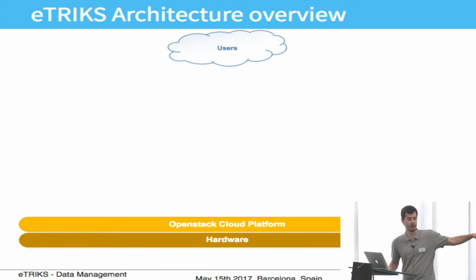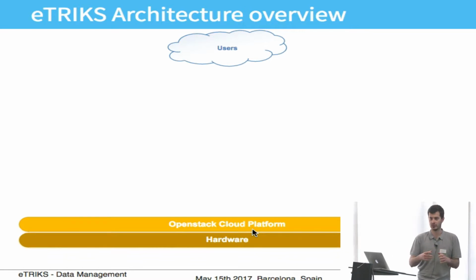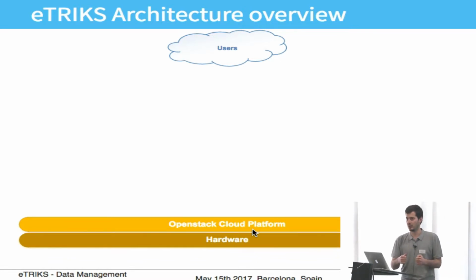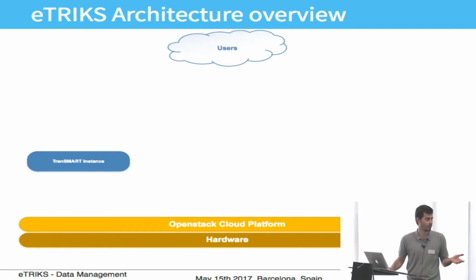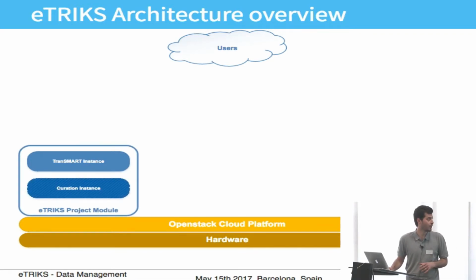You deploy the OpenStack cloud platform on top of this. So basically from there you've got your resources available for anything you need, easily. You've got, of course, the users that want to access them. You start adding up Transmart instances, and what we call the curation instance.